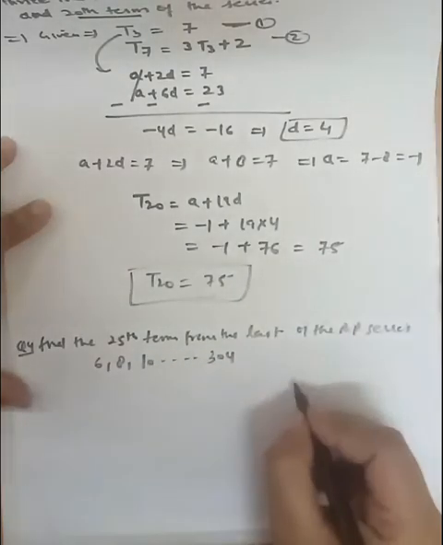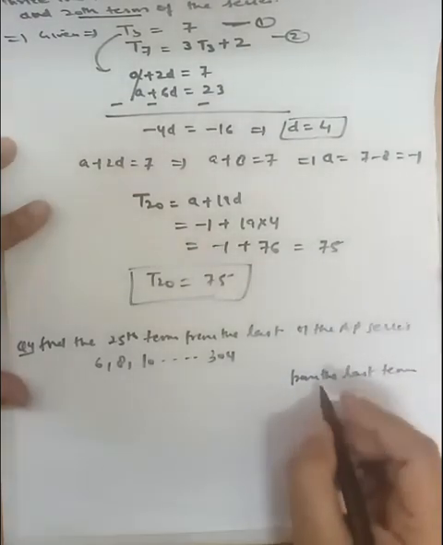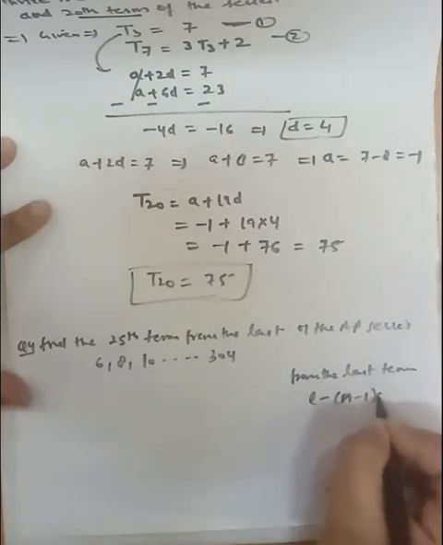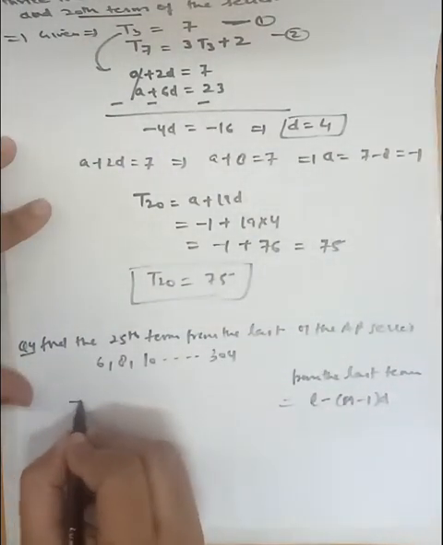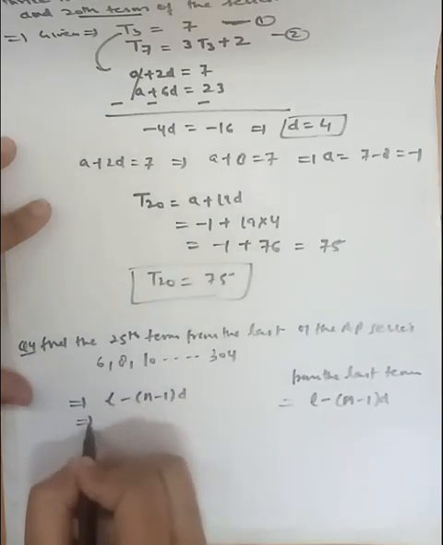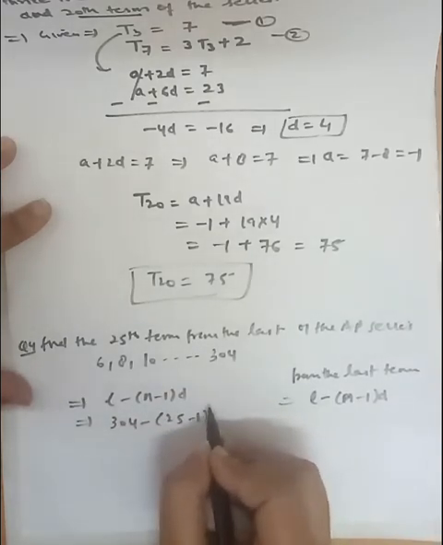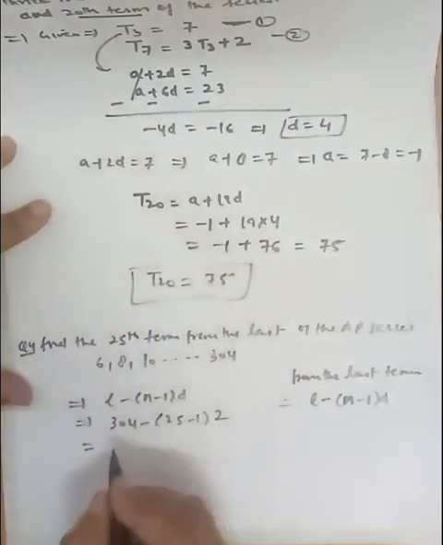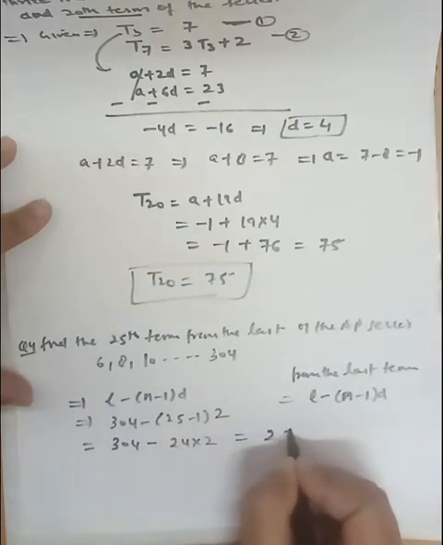Friends, the formula from the last term is L minus (n minus 1)d. You know L is 304, n is 25, and d is 2. Now you solve this one and you get the answer, which is 256.